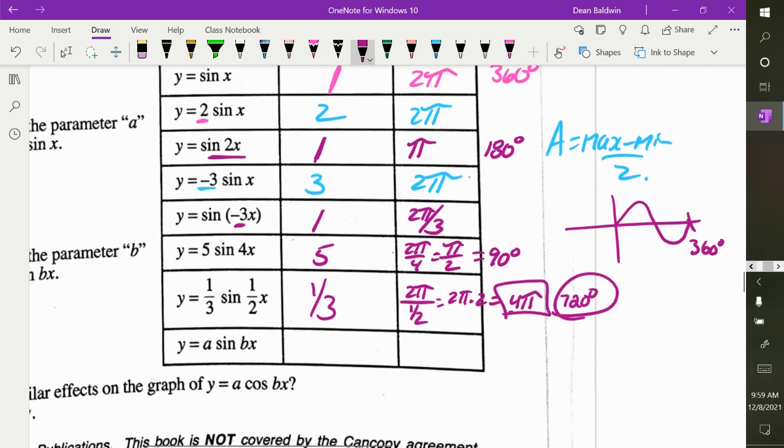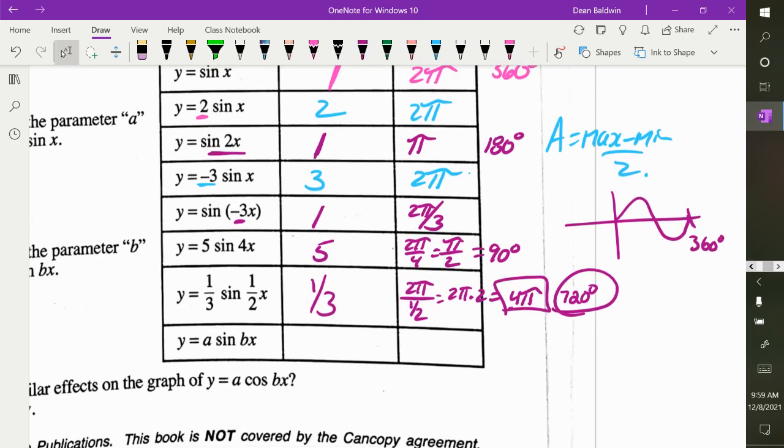All right, so what is the formula for amplitude if I have y is equal to a sine bx? But do we use the negative? So we're going to say the absolute value of a. Okay. And what about the other one?